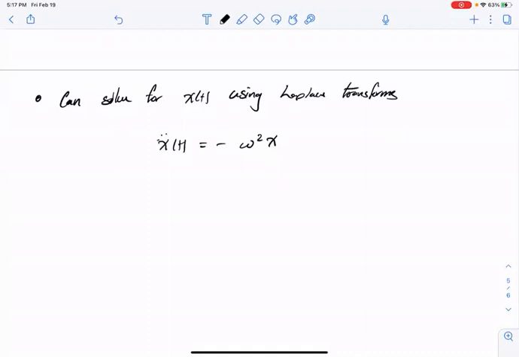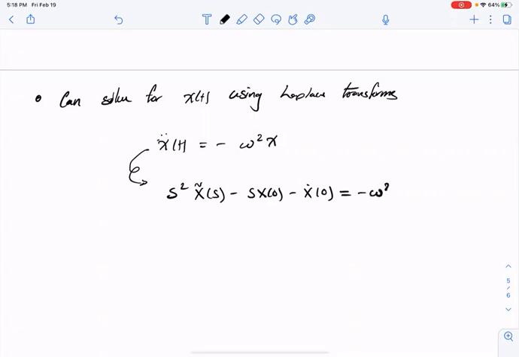If I take the Laplace transform, I will get on the left-hand side, using the property we just noted of the Laplace transform of a differential, s squared times the Laplace transform of x of t, less s times a boundary condition in space and a boundary condition in momentum. And that will be equal to minus omega squared, the Laplace transform of x.